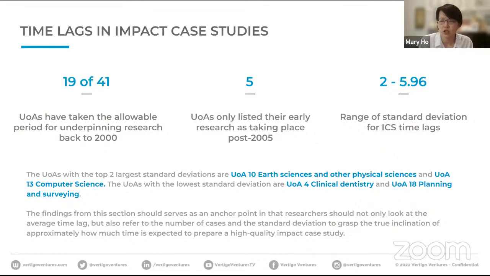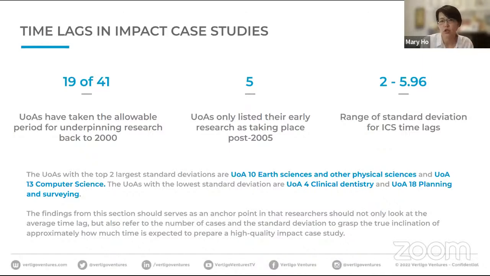So what does this actually mean? It indicates that the more cases the UOA has, the more likely the time lags of the cases are to spread out from the mean, and vice versa. The calculation of standard deviation, showing the dispersion of time lags of each case, gives us a clear reference in addition to the average time lag information shown on the previous slide.